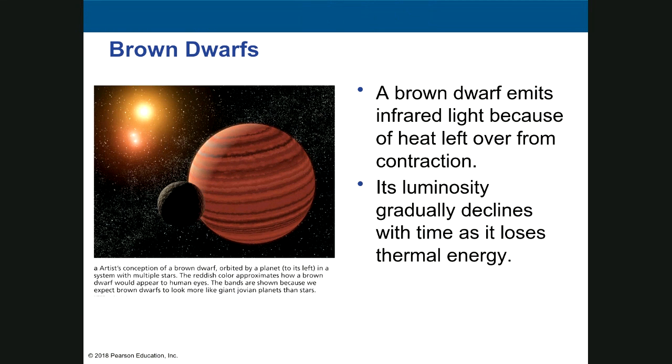A brown dwarf will emit infrared light because of the heat left over from its contraction, and its luminosity will gradually decline with time as it loses thermal energy. If we make a little graph here, we'll call this temperature and this time.